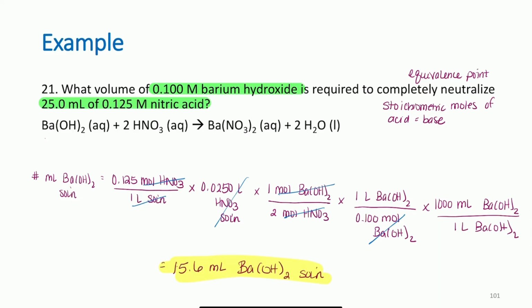So it would take 15.6 mLs of a 0.1 molar barium hydroxide solution to completely neutralize 25 milliliters of a 0.125 molar nitric acid solution.